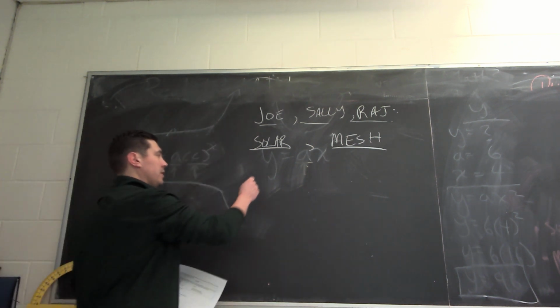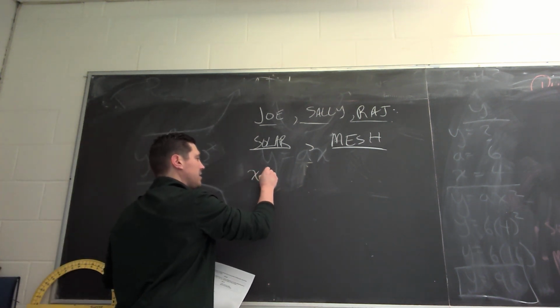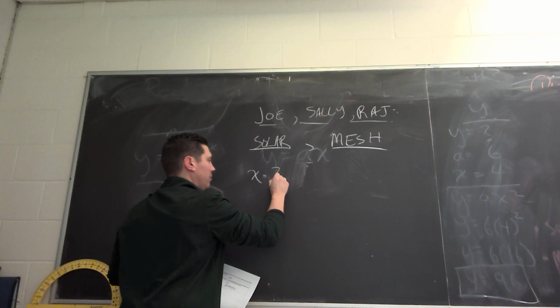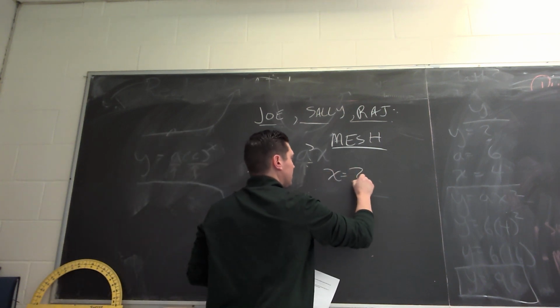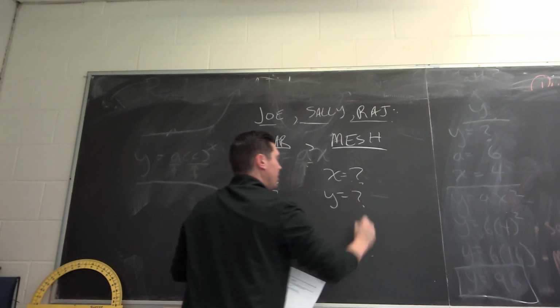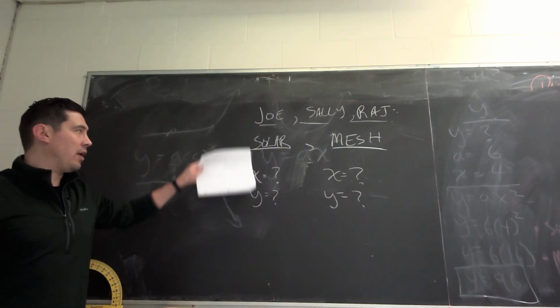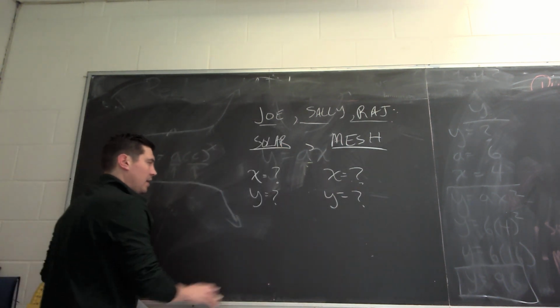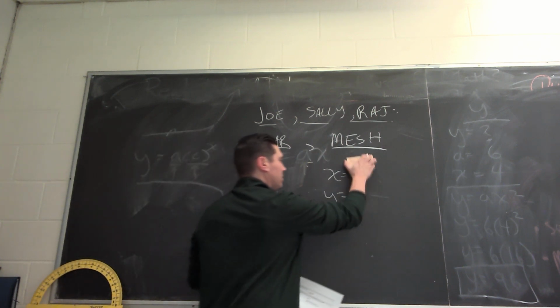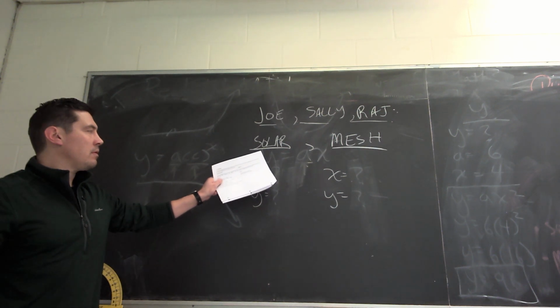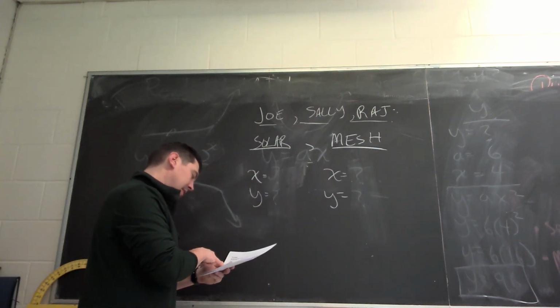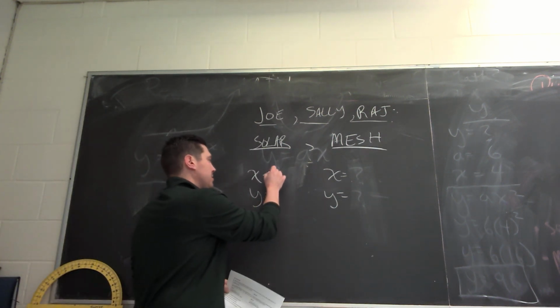The second most important thing to know is what is X for solar? What is X and what is Y for both of these? Knowing what X and Y is for either solar or mesh guides your actual focus in this one. So for solar, it's basically saying radius of the pool in meters.